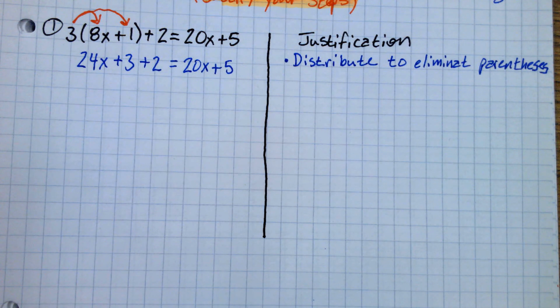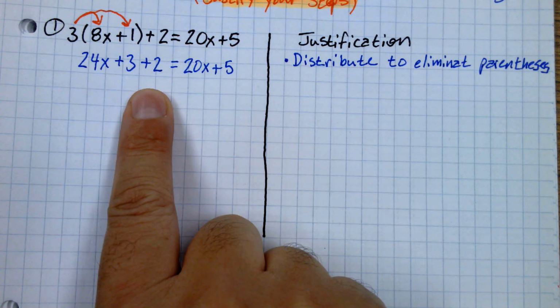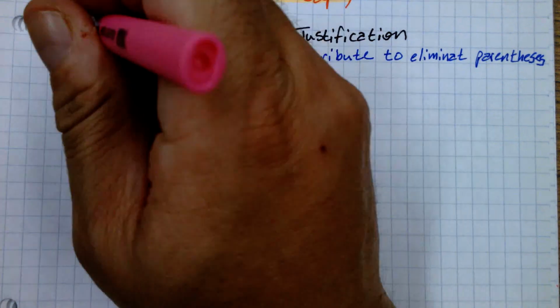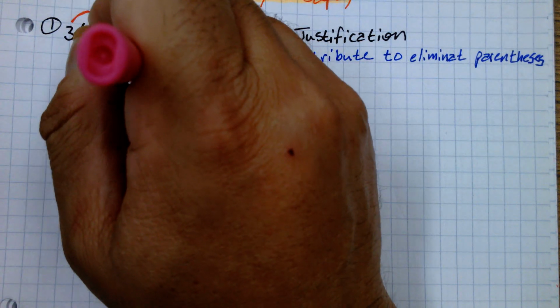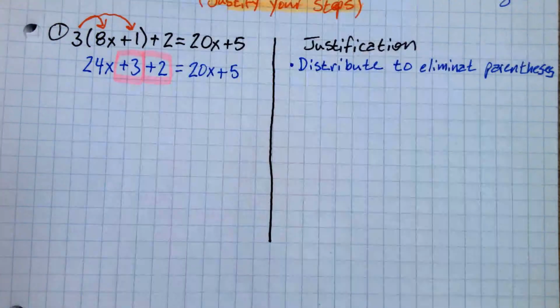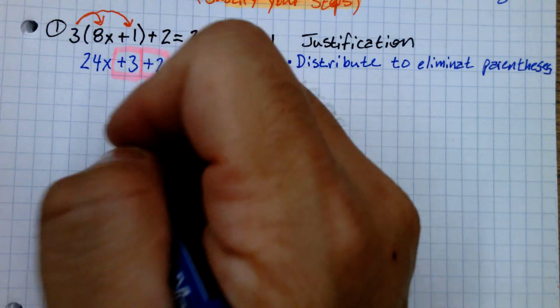Combine the like terms. In this case, the 3 and the 2. So we should do that first, if we can, and we can. So let's combine. Always combine like terms on each side.